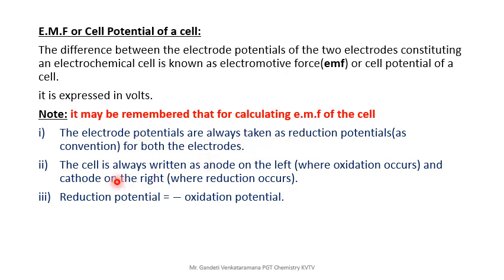The cell is always written with the anode on the left, where oxidation occurs, and the cathode on the right, where reduction occurs. We studied this in the representation of a galvanic cell. Clear? Third one, this is important: reduction potential equals minus oxidation potential, otherwise oxidation potential equals minus reduction potential.